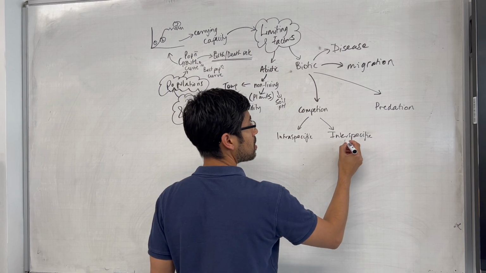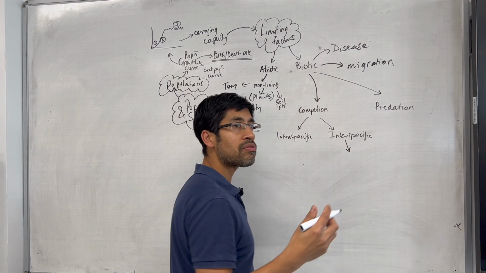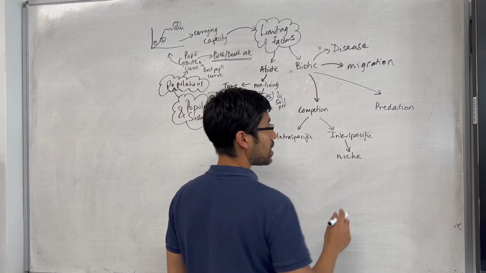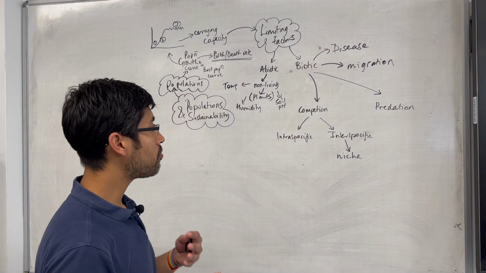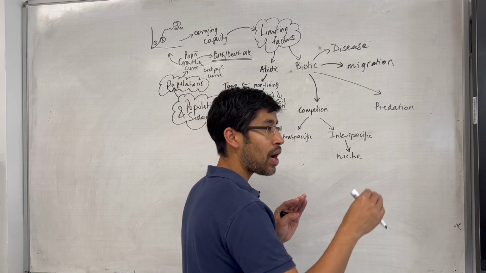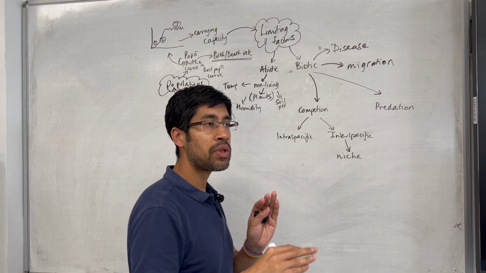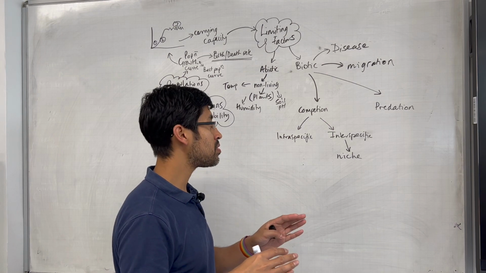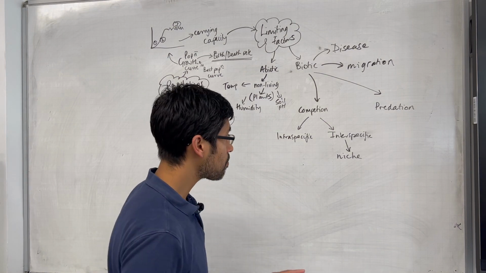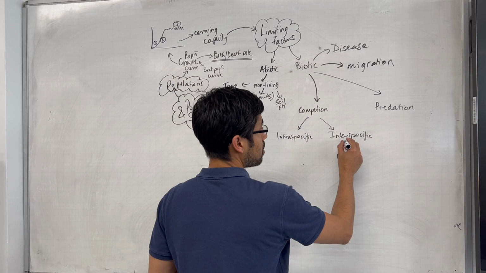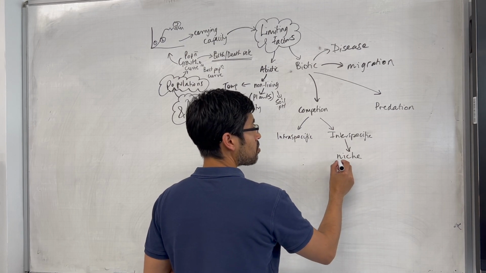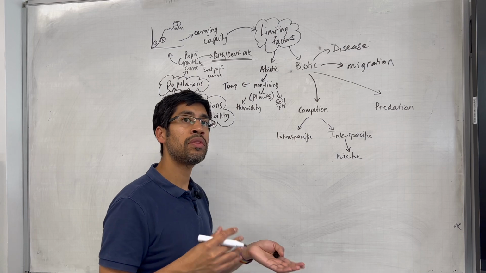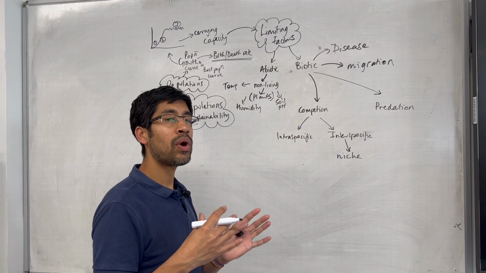interspecific competition is when two different species, and I'll remind you about the idea of the niche, the ecological niche of organisms. That is how they take advantage or how they use their environment and the available resources and interact with other species. The particular way in which they do that is called their niche, and organisms survive if they do things in a way that is unique to them.